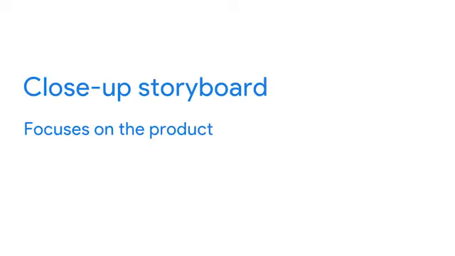In a close-up storyboard, the sketches in each panel focus on the product instead of on the user experiencing that product. While big picture storyboards focus on the how and the why, close-up storyboards focus on the what. Think about questions like, what happens on each screen of the product?